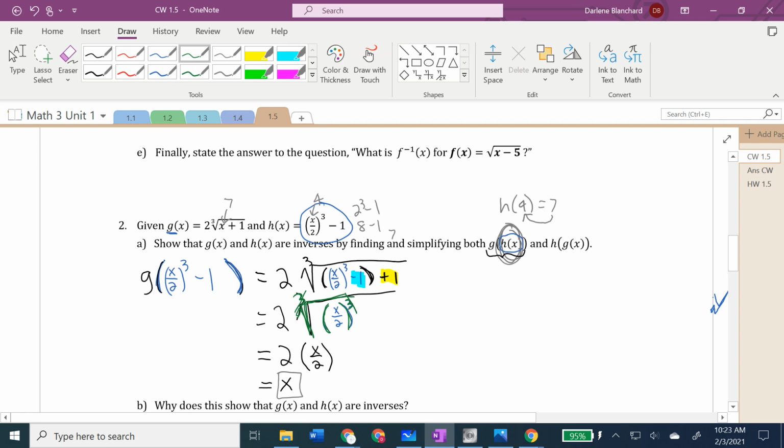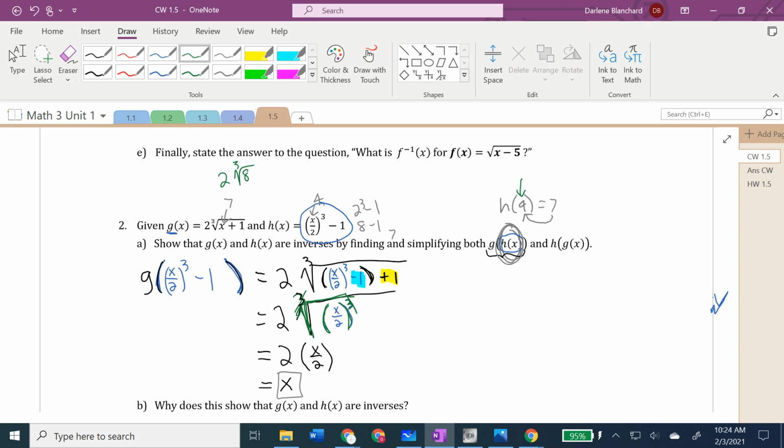Do you see that when I plug 7 in, I get 2 times the cube root of 7 plus 1? The cube root of 8 is 2, so 2 times 2 is 4, and I go back to where I started. It's important to understand that a pair of inverses do exactly that.